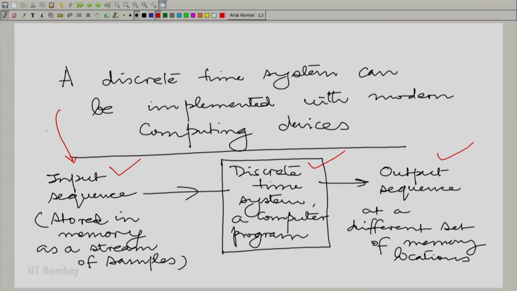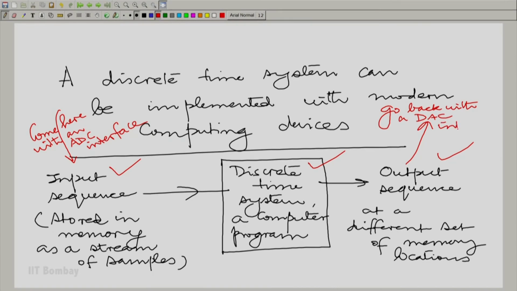You can come here with analog to digital conversion. ADC is analog to digital converter interface. So, come here with an ADC interface, go back with a DAC interface, a digital to analog conversion interface.